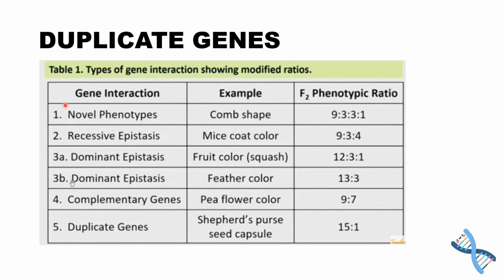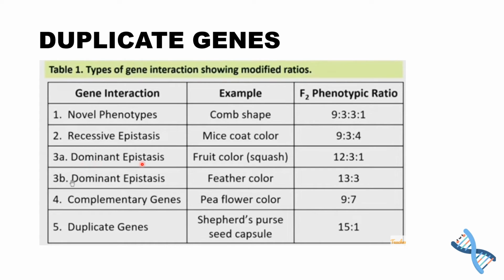So, here you can see yung summary. So, sa novel phenotype, yung example natin, comb shape. It follows yung law ni Mendel na 9:3:3:1 na phenotypic ratio. Sa recessive epistasis natin, yung example natin, mice coat color, yung kalalabasan ngayon, 9:3:4. So, yun yung kalalabasan. Parang may tatlong kulay ka lang na makikita. Yung agouti, yung black, at saka yung white.